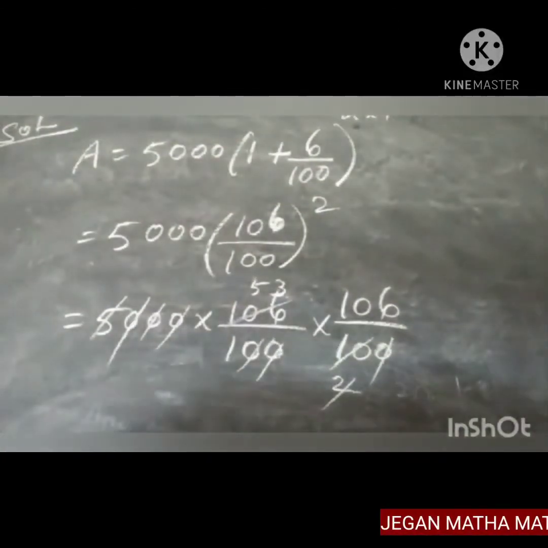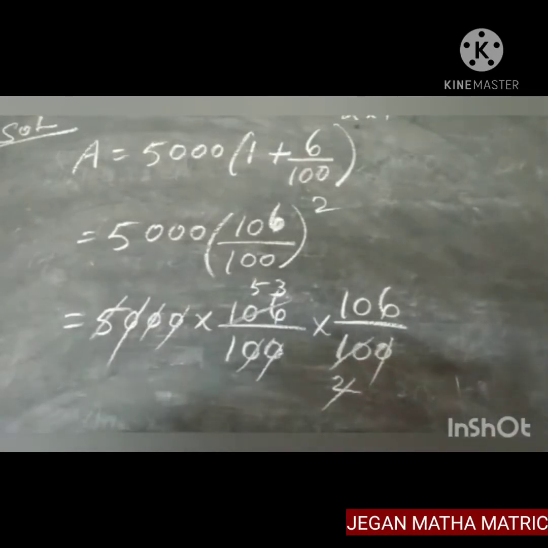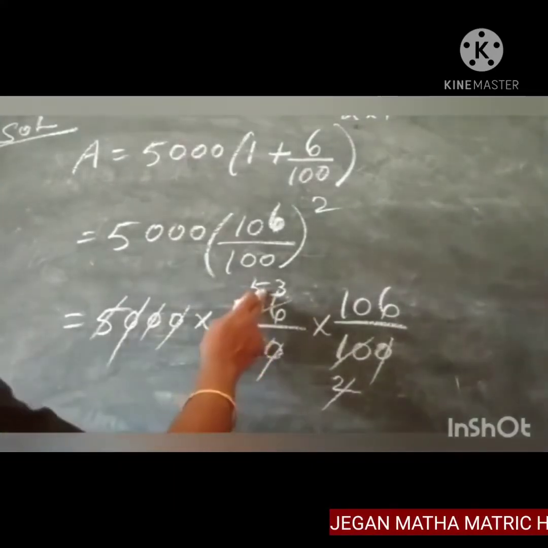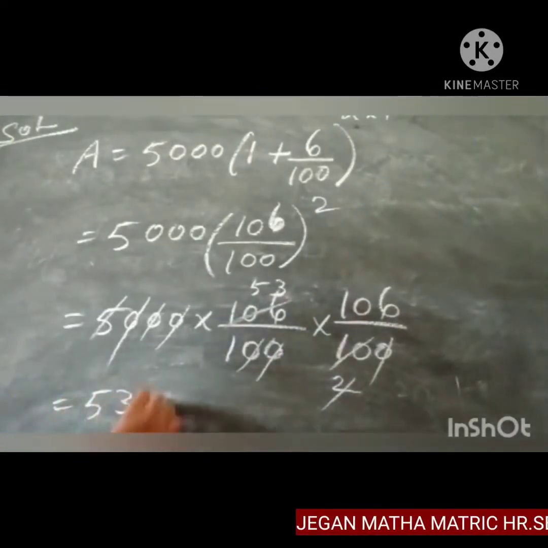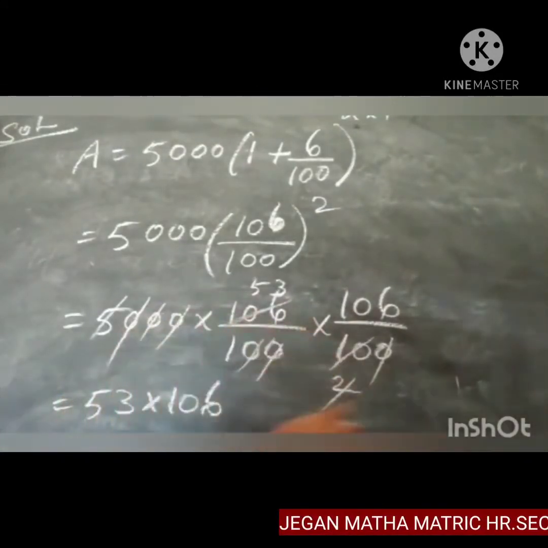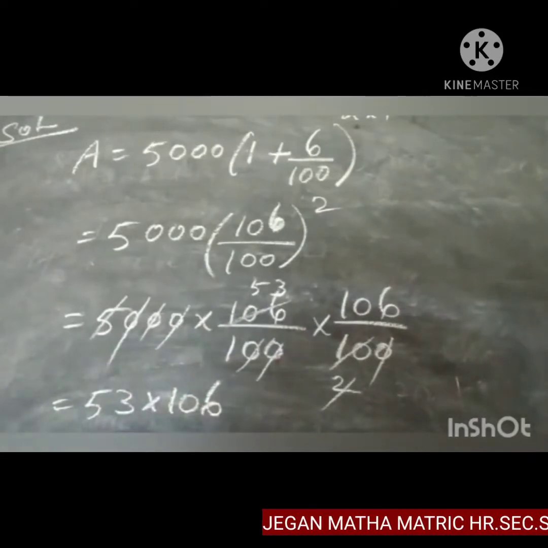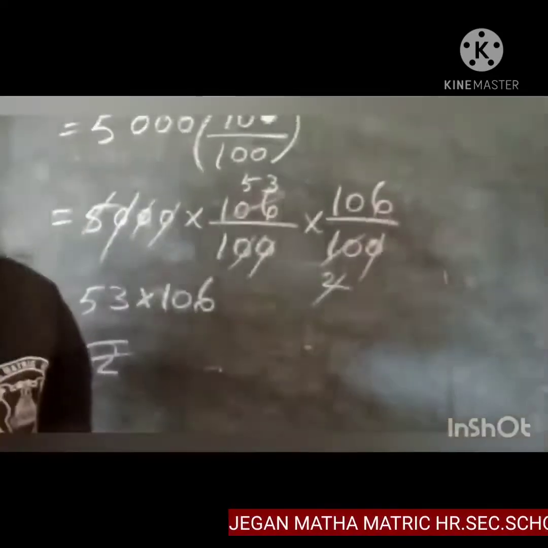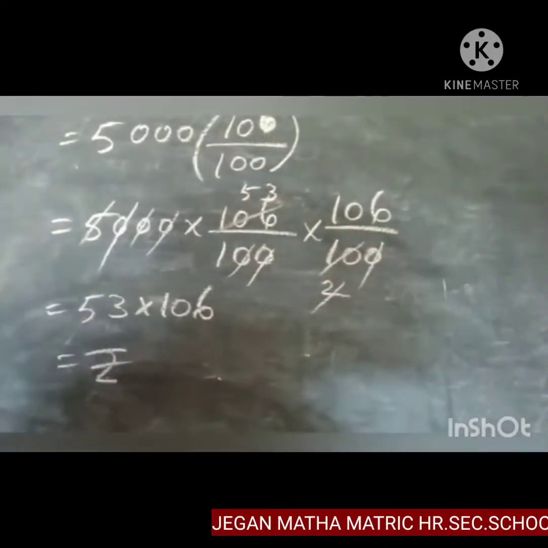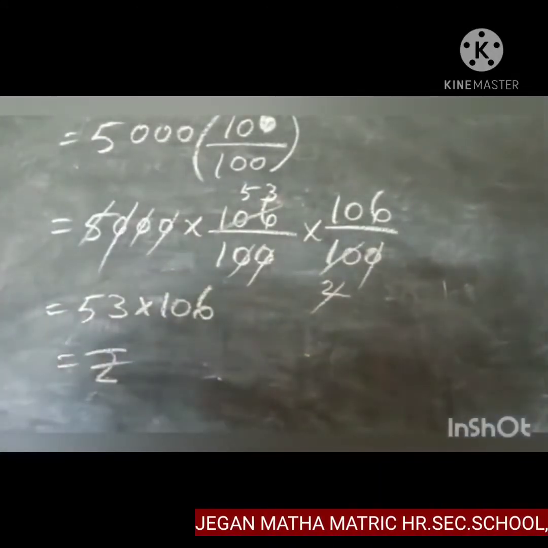Multiplying 53 into 106, after the cancelling, we get 5,618. What is the question?